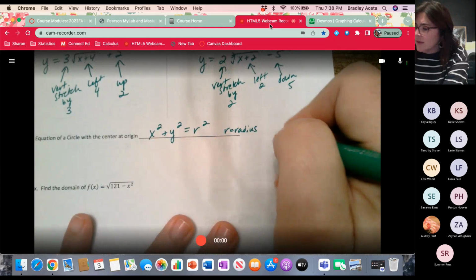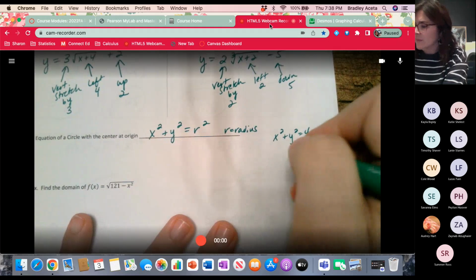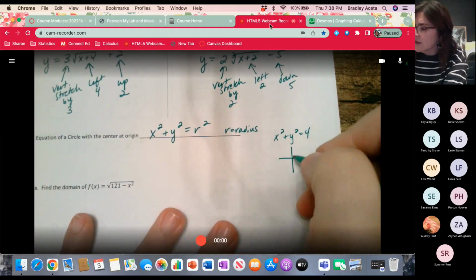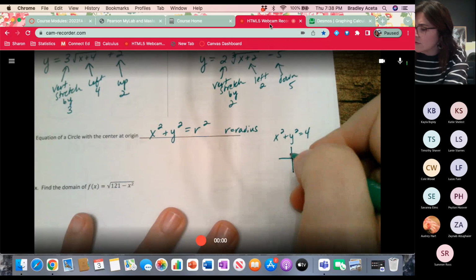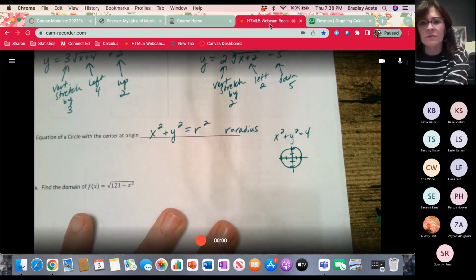So if I had something like x squared plus y squared equals 4, I would have a circle that goes like this. You go over 2, up 2, left 2, down 2. And that's your circle.